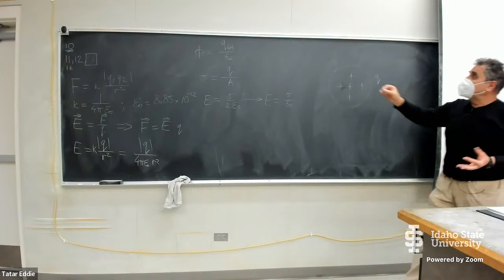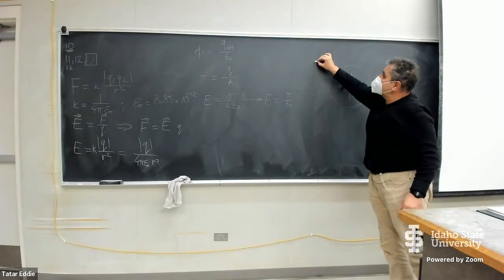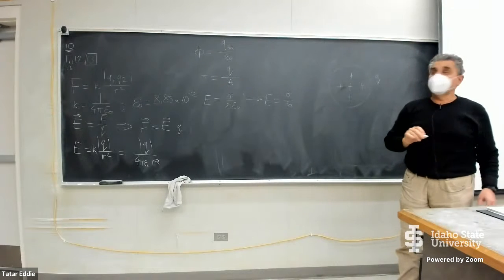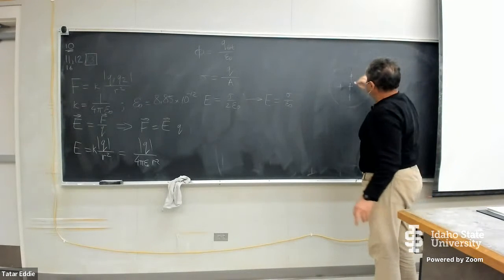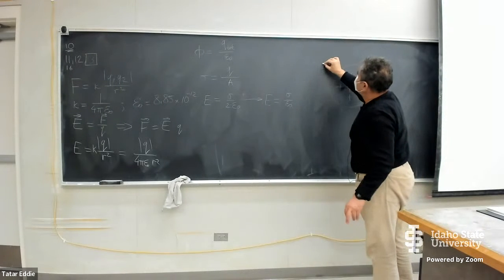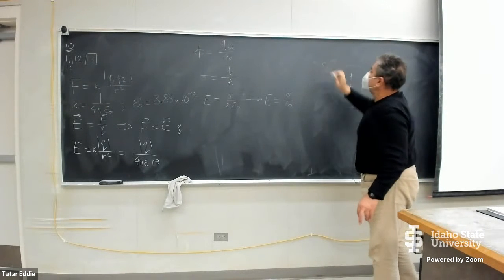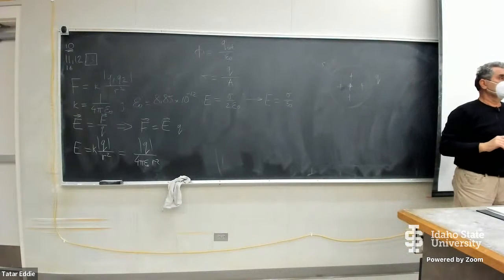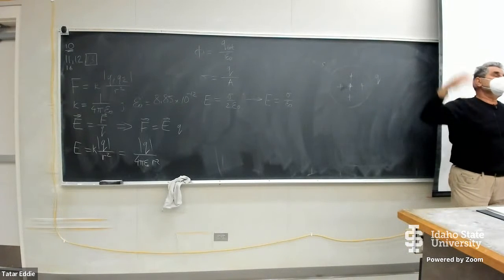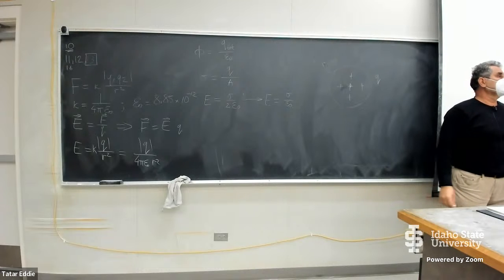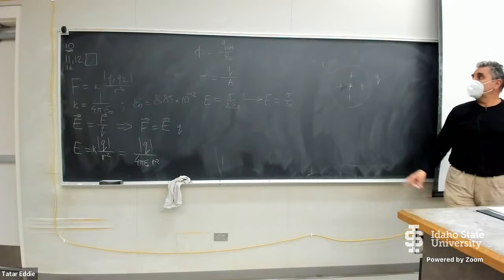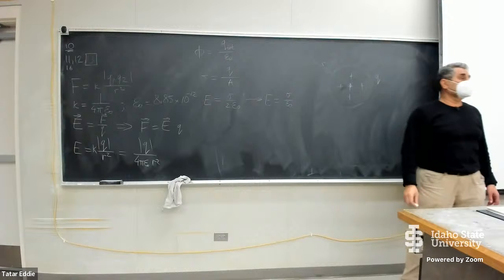You want to find the electric field at this point. Let's say that that point is located at a distance r from the center of the sphere. That distance is larger than the radius of the sphere. How to find the electric field at that spot?